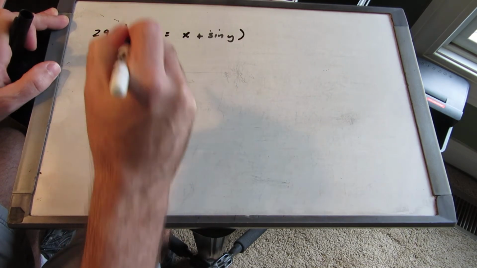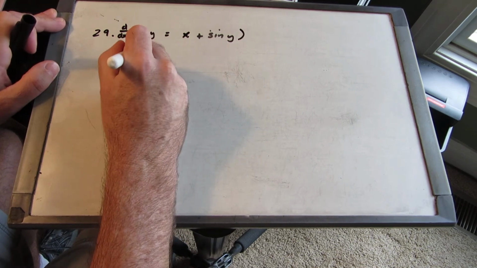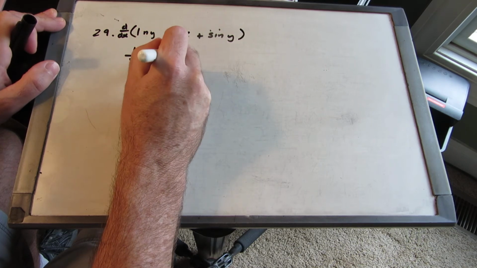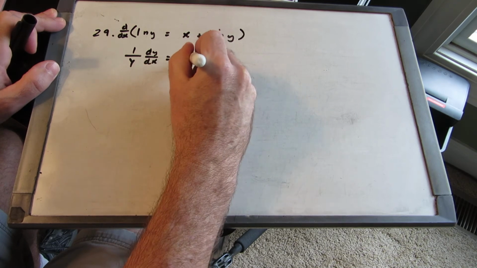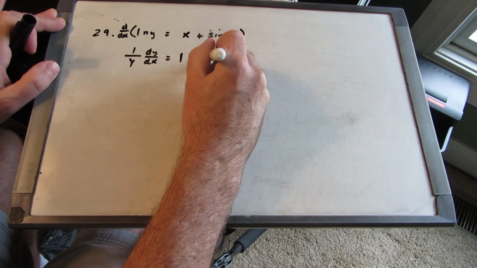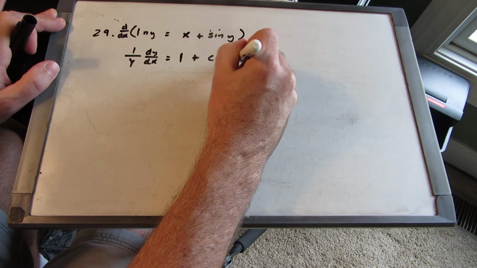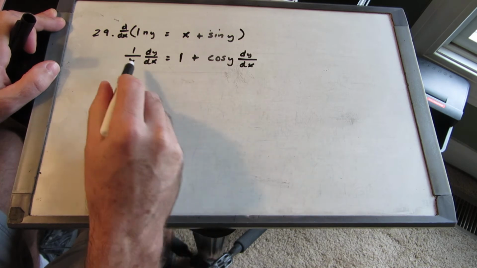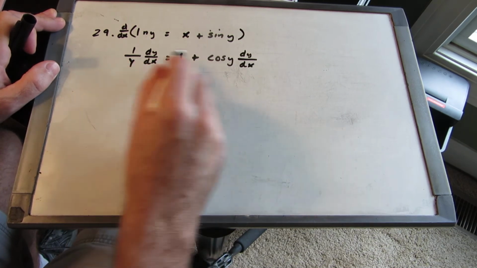So that's implicit differentiation. For the natural log of y, 1 over y dy dx is equal to the derivative of x, which is 1, plus the derivative of sine y, which would be cosine y, but don't forget we have to then multiply by the derivative of y, which is dy dx. I'm going to get rid of the fraction, so I'm going to multiply both sides by y.